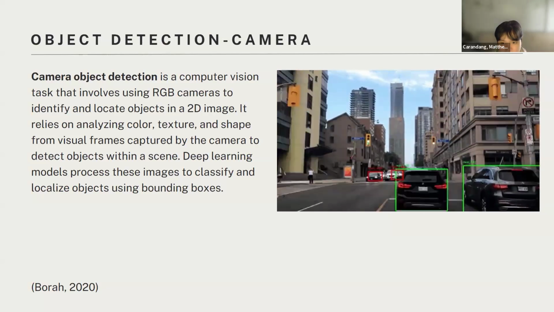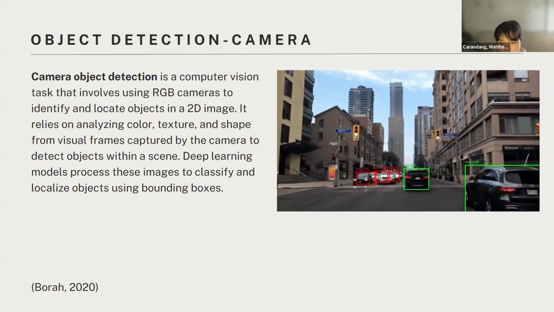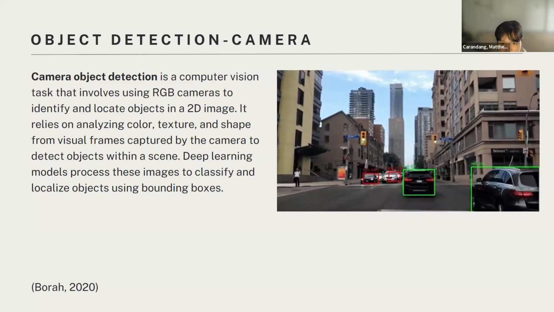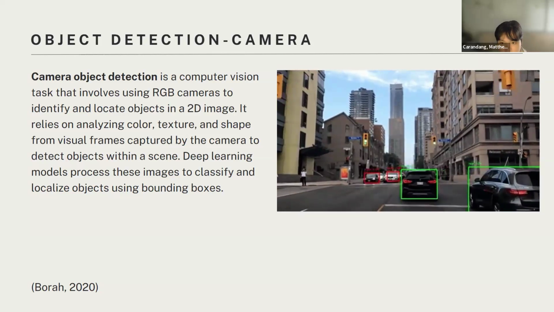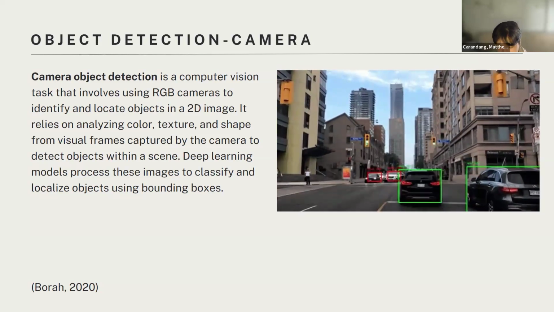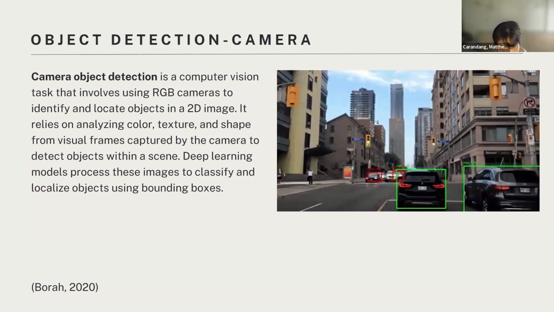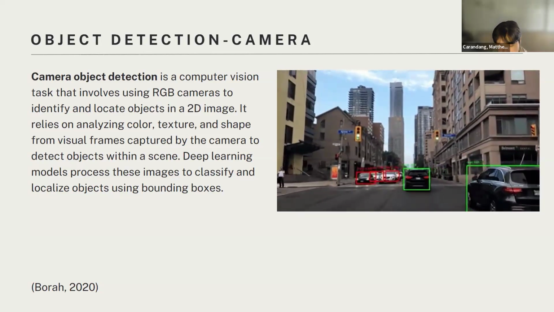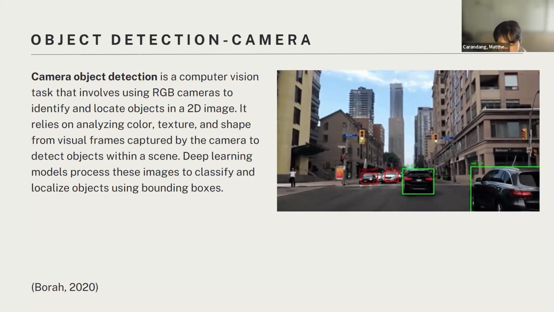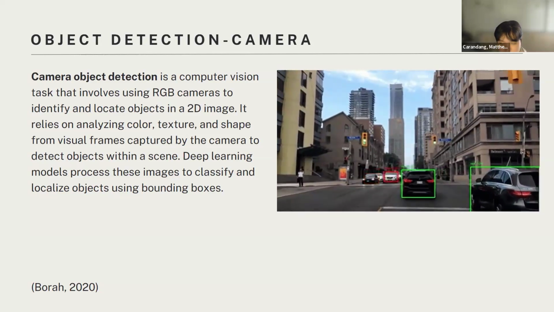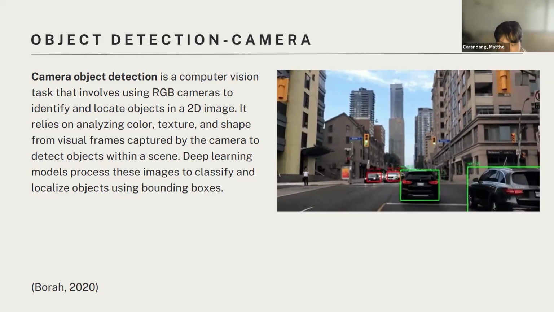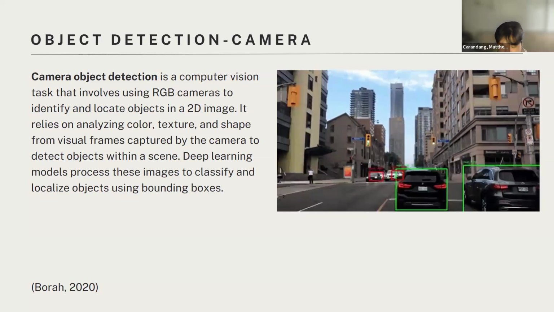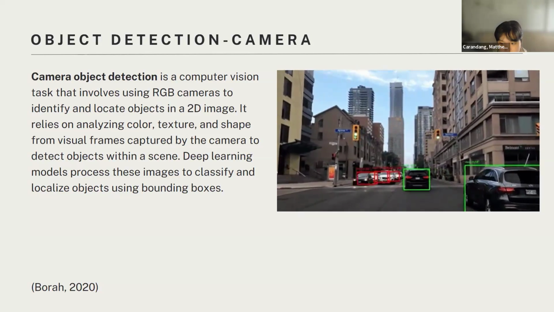Out of the three that I will be mentioning, it's by far the least computationally expensive one. And there are plenty of datasets that are already focused on images. These datasets have been used to benchmark different models, such as the MS COCO dataset, ImageNet, and Pascal VOC and such.